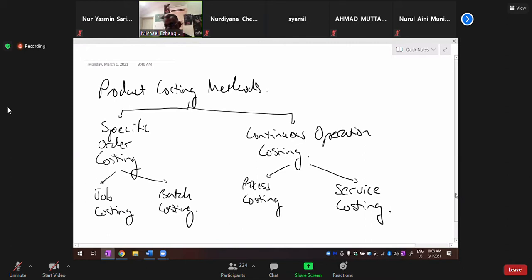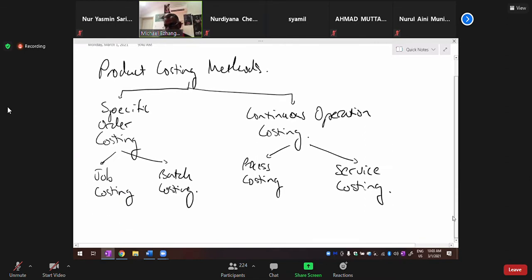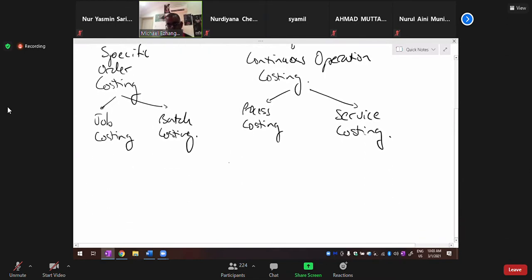Now, the key point in product costing methods is the learning outcome, all right? What do we hope to learn here? All right, learning outcome, all right?